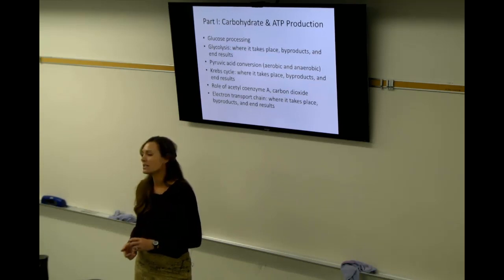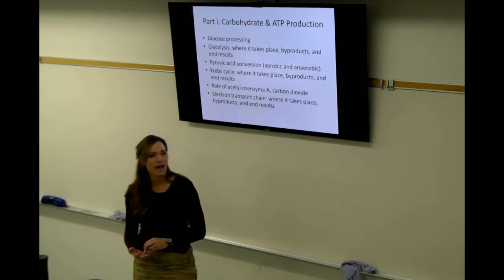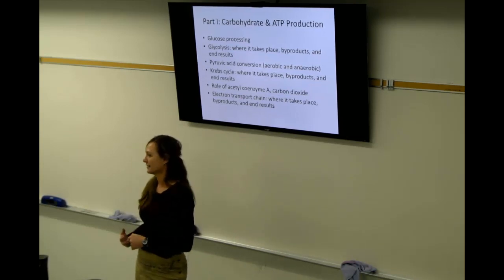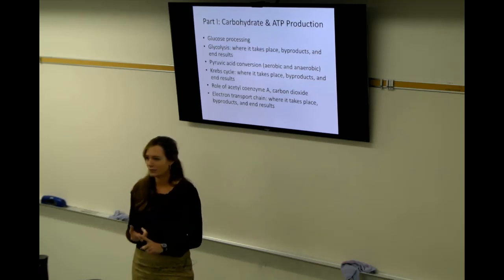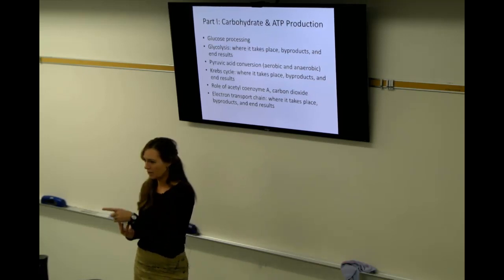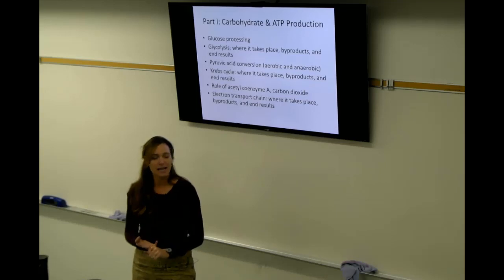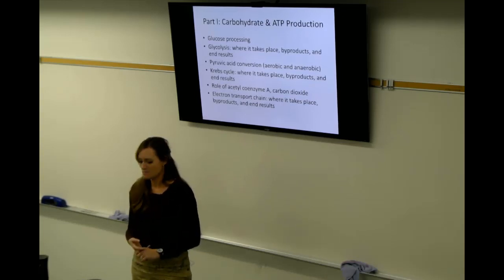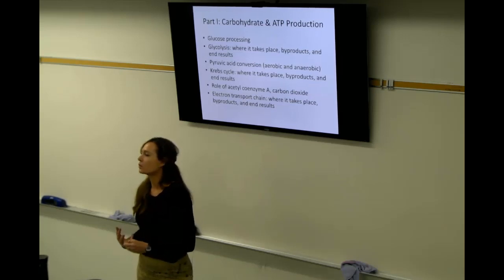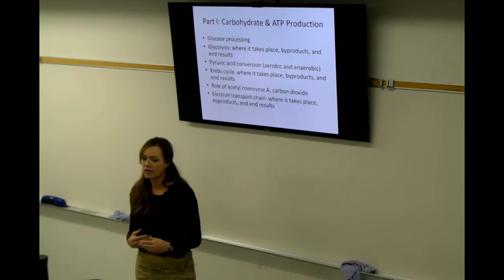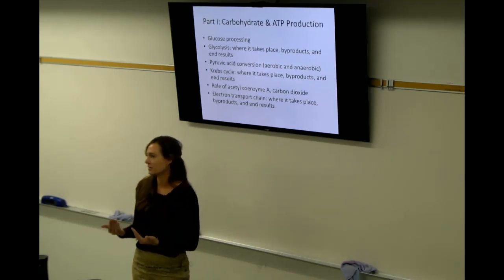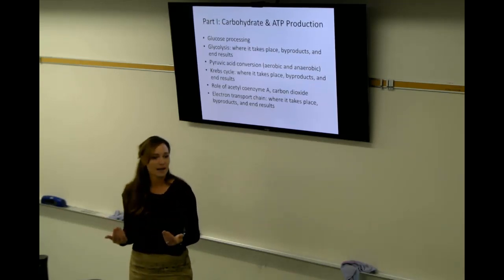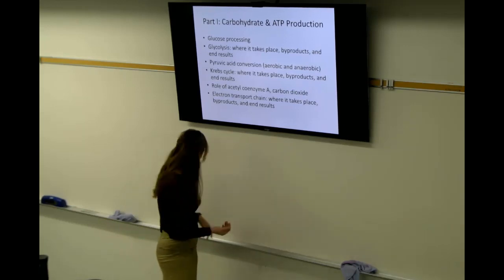What do we get out of glycolysis? We get 2 ATP, 2 pyruvic acids, and 2 NADHs. So what happens to pyruvic acid in an aerobic state? Pyruvic acid turns into acetyl-CoA.